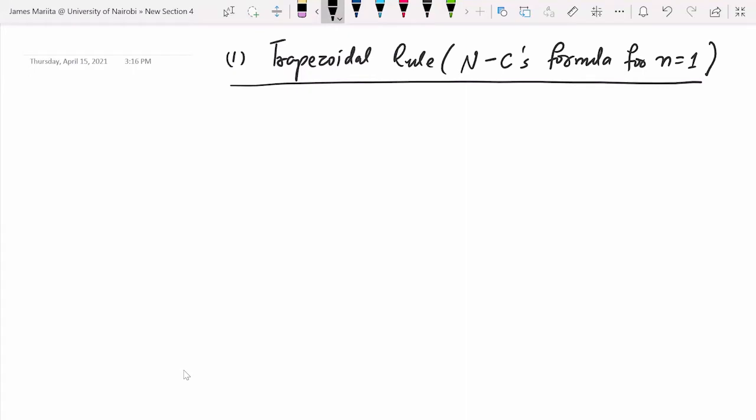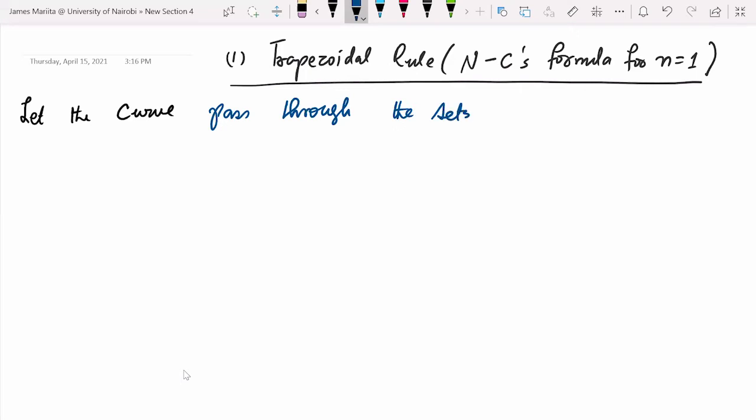Let the curve pass through the sets of values.